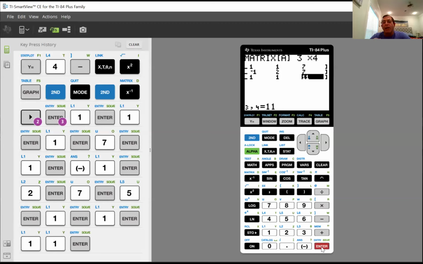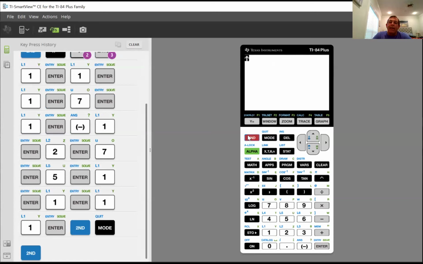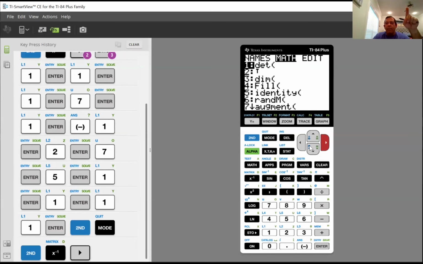Make sure you hit enter on every number. And then you're going to quit the screen by hitting second mode, because now my matrix is in there, okay? So now we can do the math on it. So we're going to hit second x negative 1 again. We're going to arrow right and go to the math column and arrow down till you find RREF and hit enter.